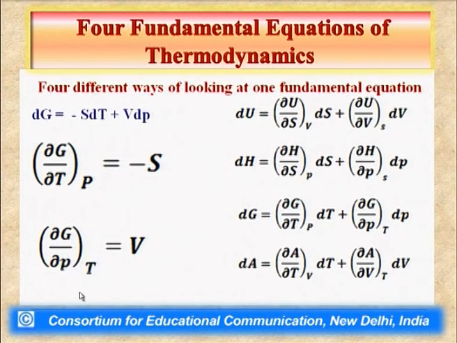For the time being, let us consider another differential coefficient, delta G delta P at constant T, which is equal to V, the volume. So, we can rearrange again: dG equals V dP at constant temperature. What does it mean? If you keep the temperature constant and increase the pressure, the volume will decrease. When pressure increases, the Gibbs free energy will increase.